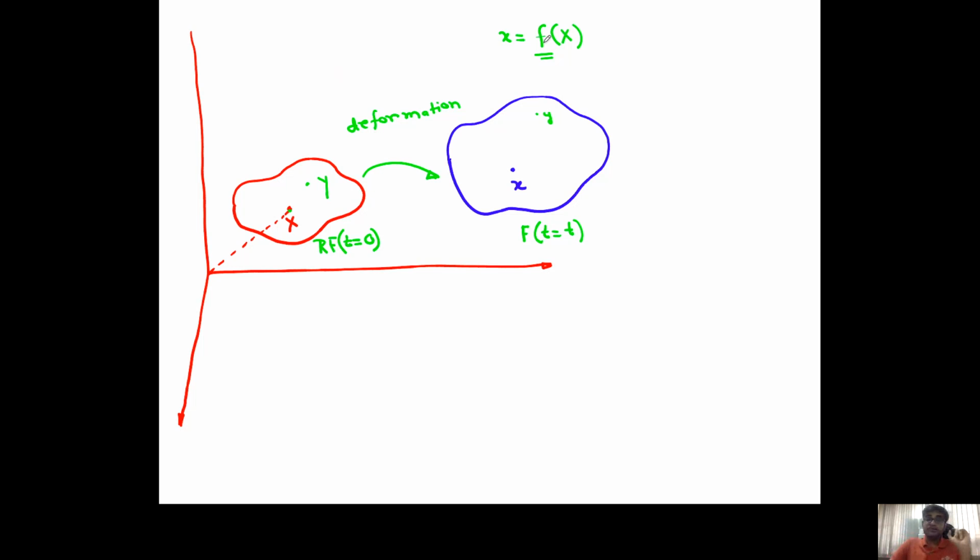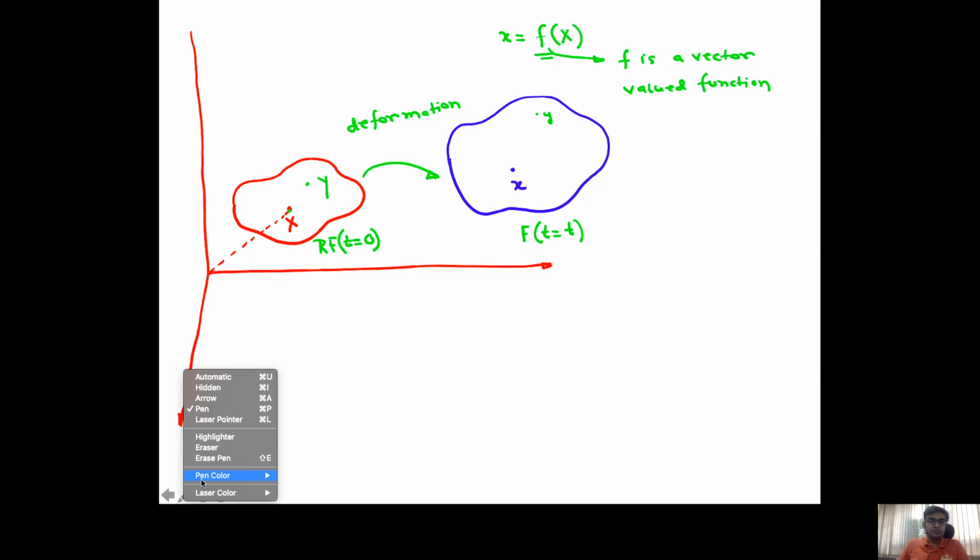Now remember that this function f is a vector valued function. So what does it mean that f is a vector valued function? Small x is actually nothing but this vector, right?